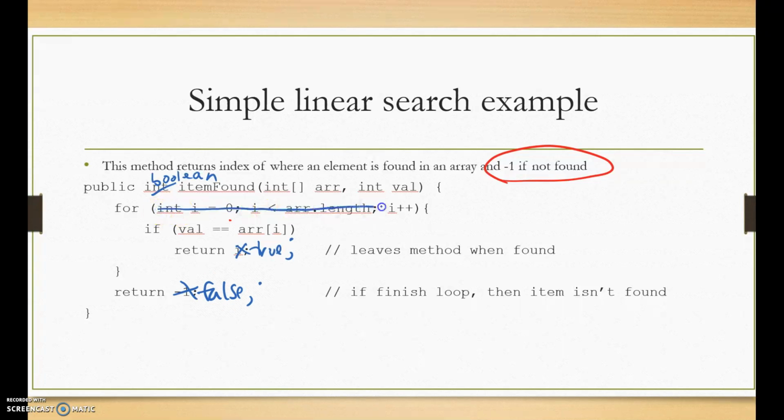Then I would change the for header to say for each int, which we will typically call num, in the array, I would say if val equals num. And that's how I could modify this code.